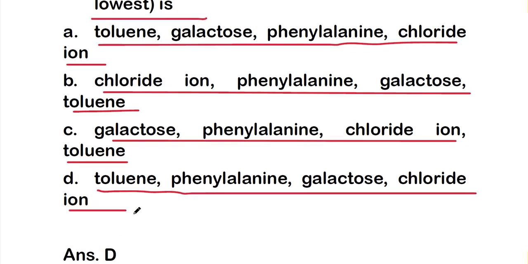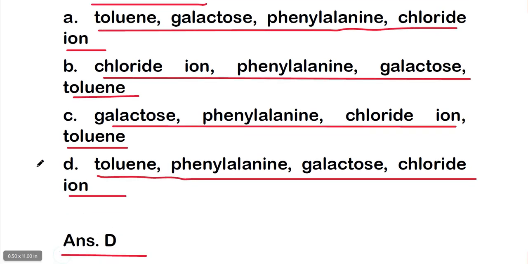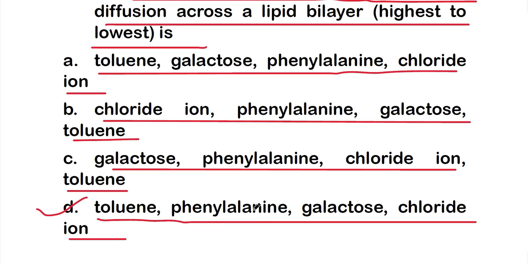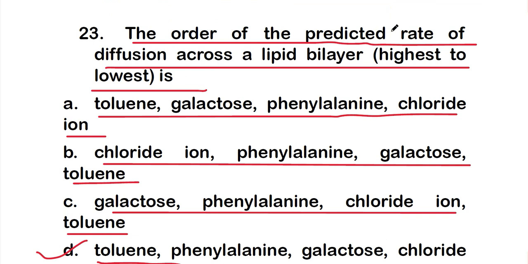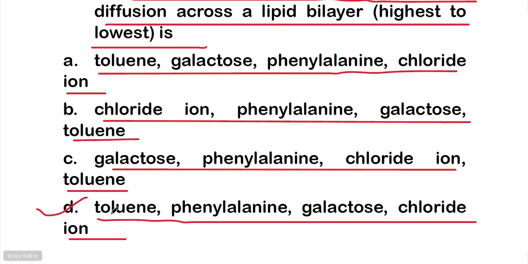So the right answer is option D: toluene, then phenylalanine, then galactose, then chloride ions. So the order of the predicted rate of diffusion across the lipid bilayer from highest to lowest is toluene, then phenylalanine, then galactose, then chloride ion.